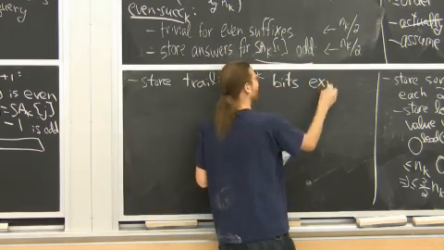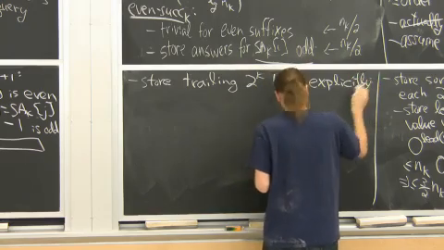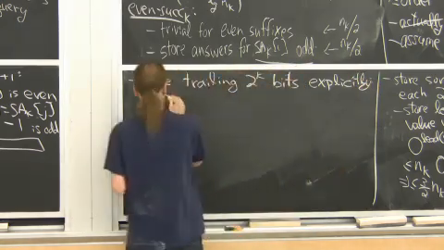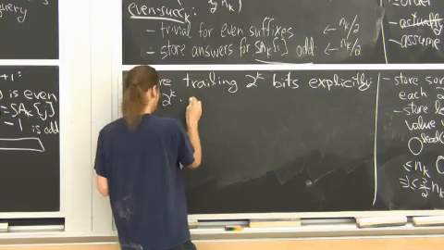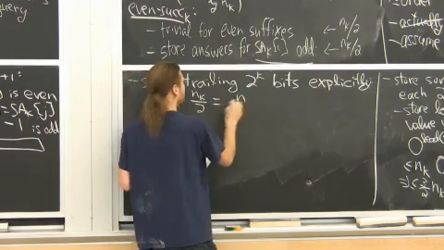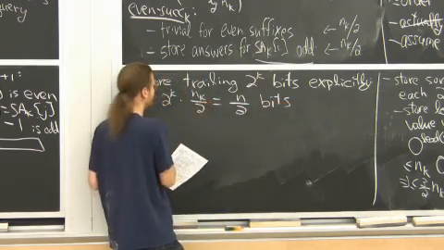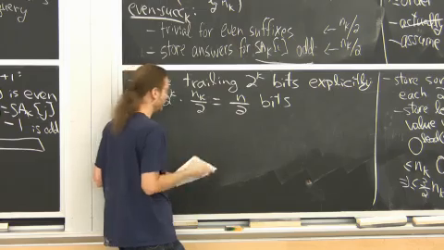This we actually store explicitly. So this is going to be 2 to the k times nk over 2, which is n over 2 bits. So nk is n over 2 to the k, cancel, n over 2.